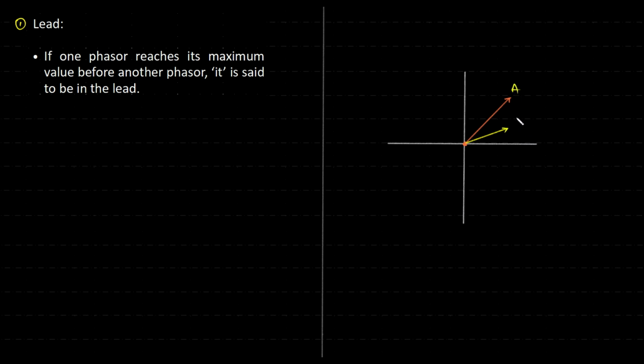So let's call that A, this is B. A is leading B. If one Phasor reaches its maximum value before another Phasor, that particular Phasor is said to be leading.